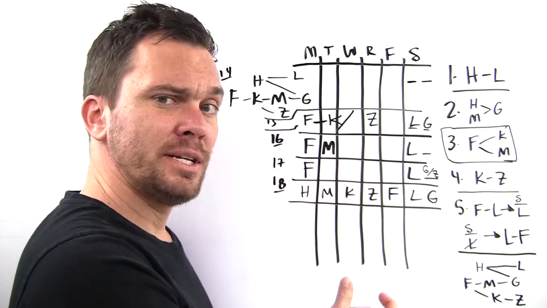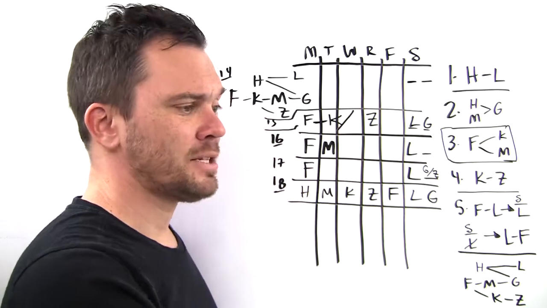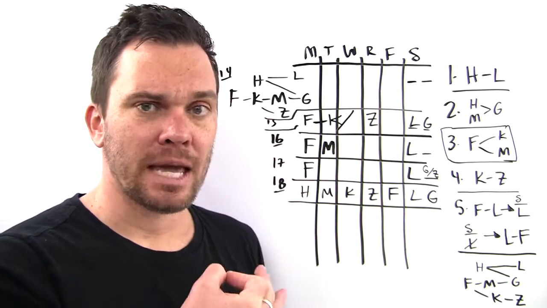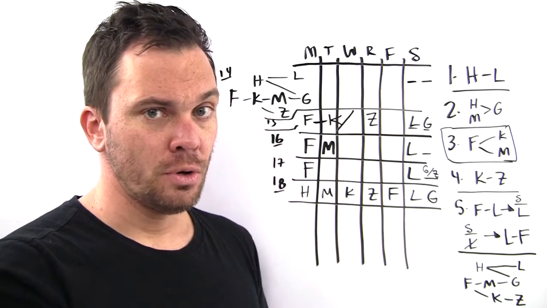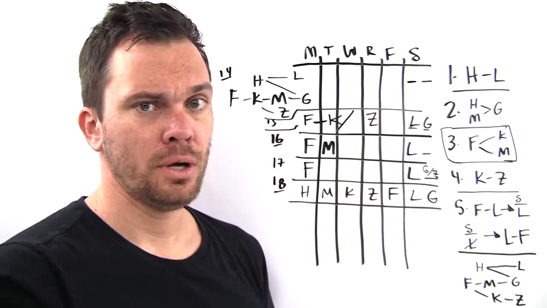H and L have no relationship to F. They might be before, but everybody else has to be after. You cannot make answer choice C true without at the same time making rule 3 true.